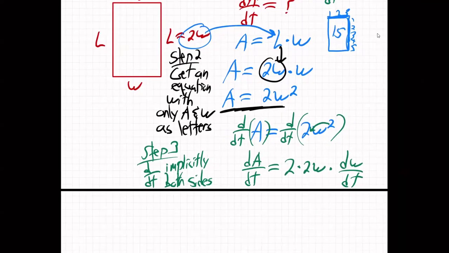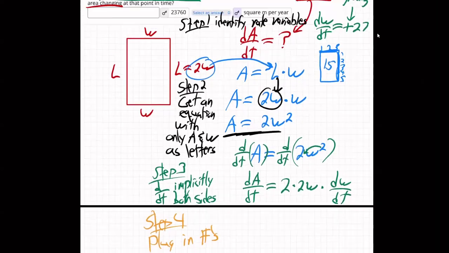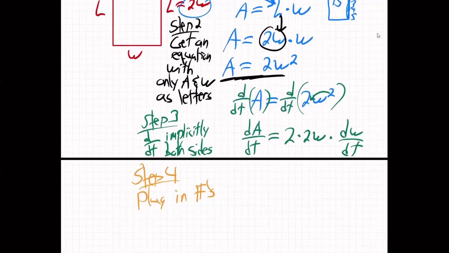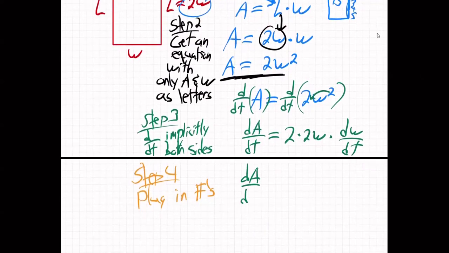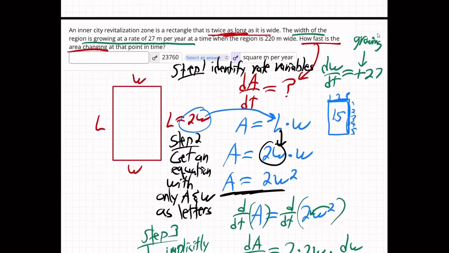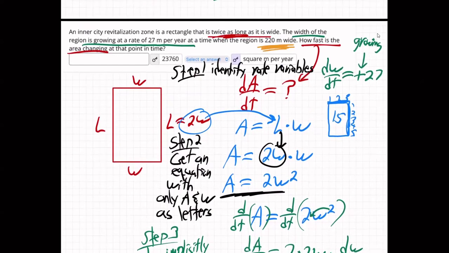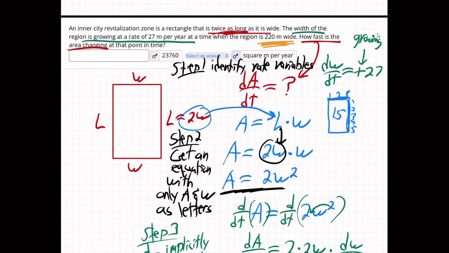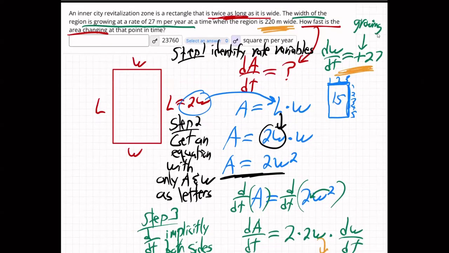All right, so now we can plug stuff in. So step four, plug in your numbers. dA/dt is what we're looking for. So dA/dt equals 2 times 2 times W. What's W? Do we know W? 220 meters wide. Yeah, that's the width. And dW/dt, right here, 27.